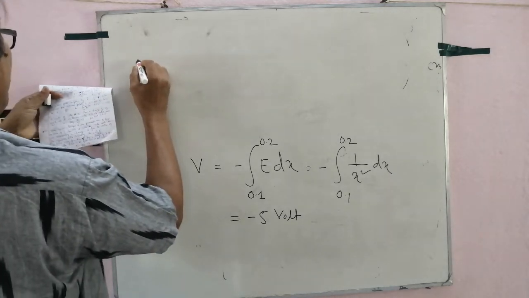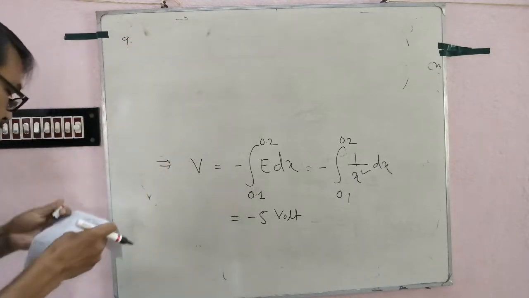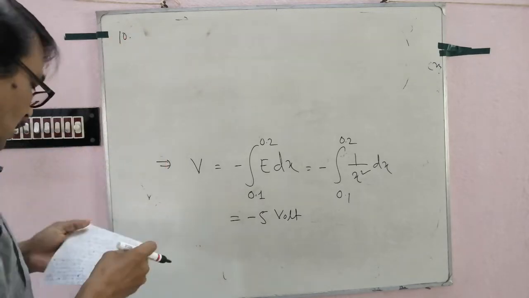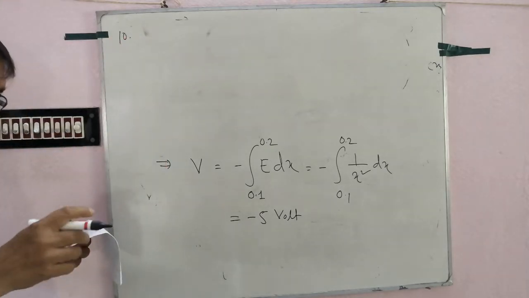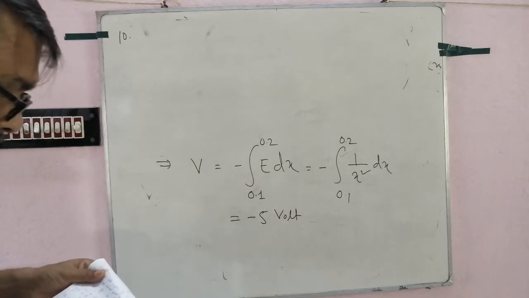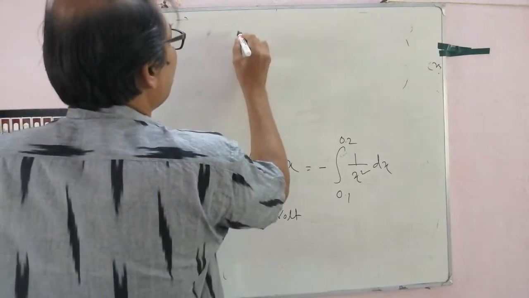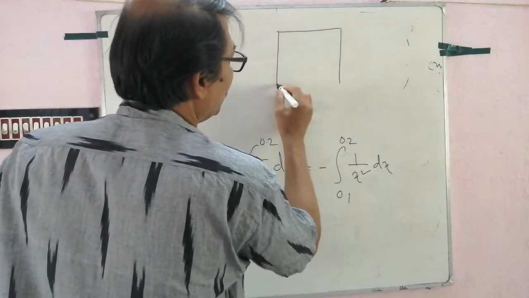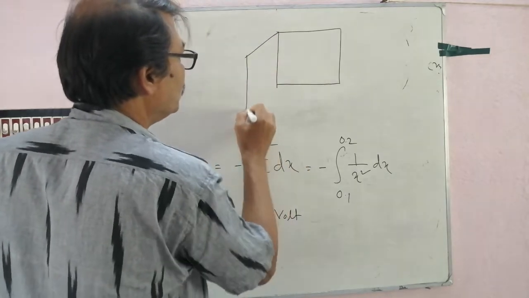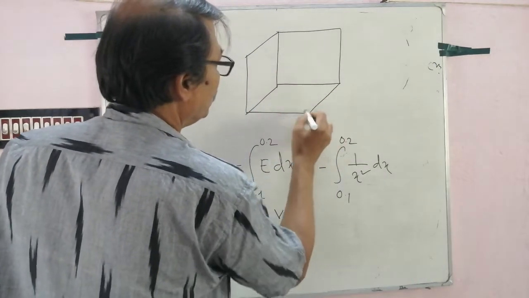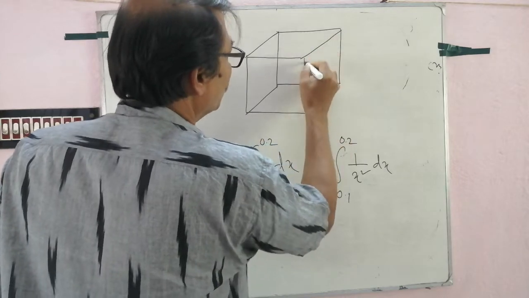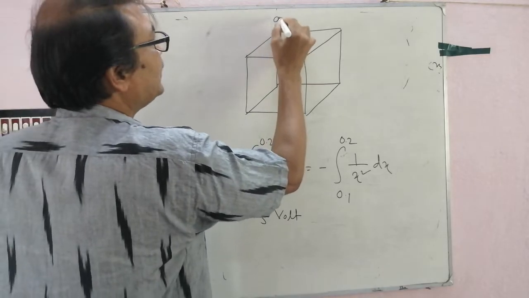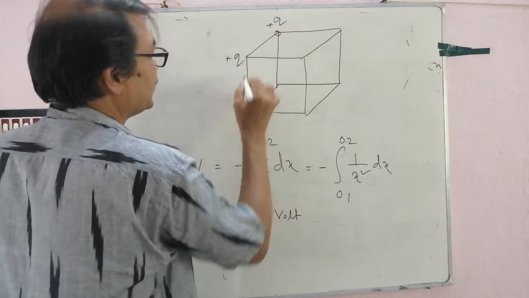Question number probably 10 or 9. 10. A cube. We consider a cube. Follow. This is a cube. Each of its vertices has equal charge plus q or minus q as you like.